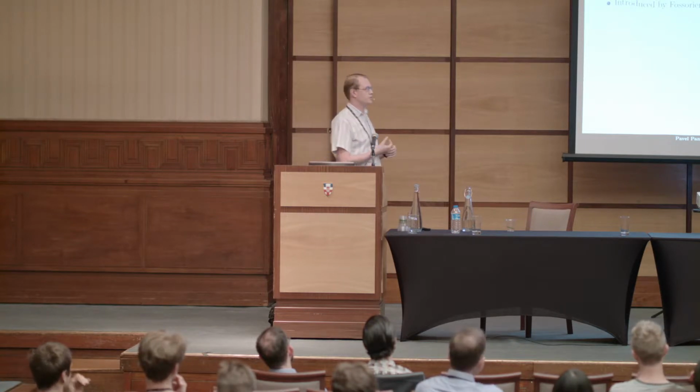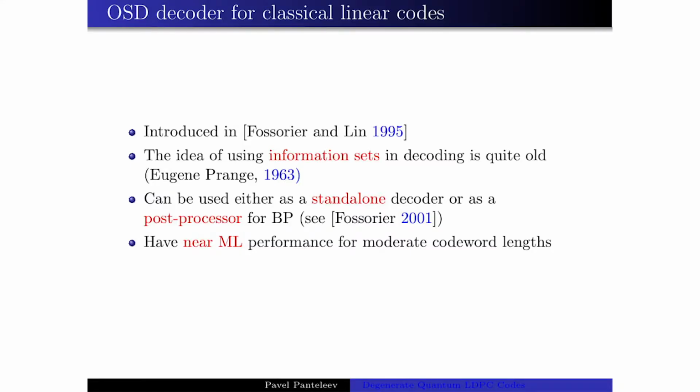And if you need to return your state to the code space, you still need to find some correction operator that returns you to the code space, so you need to find the code word. That is why we propose to use an OSD post-processor, which guarantees that it finds some code word.